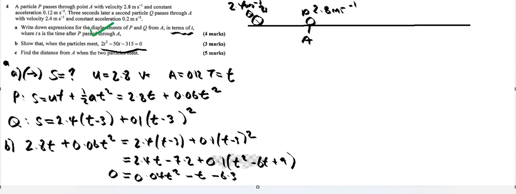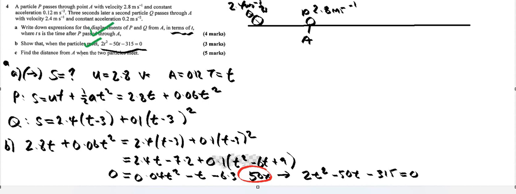So if I multiply that by 50, remember it has the same solutions, I get 2t squared minus 50t minus 315 equals 0 as required. So that is my part B. Remember, just by multiplying by 50 the solution's not changing.